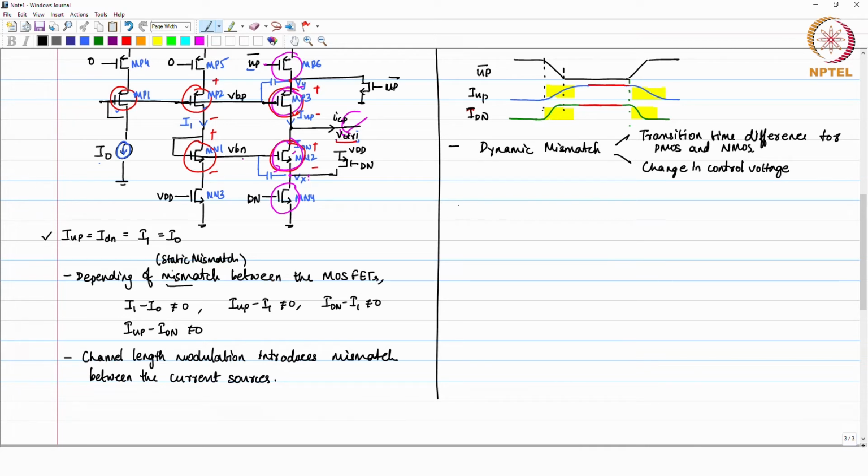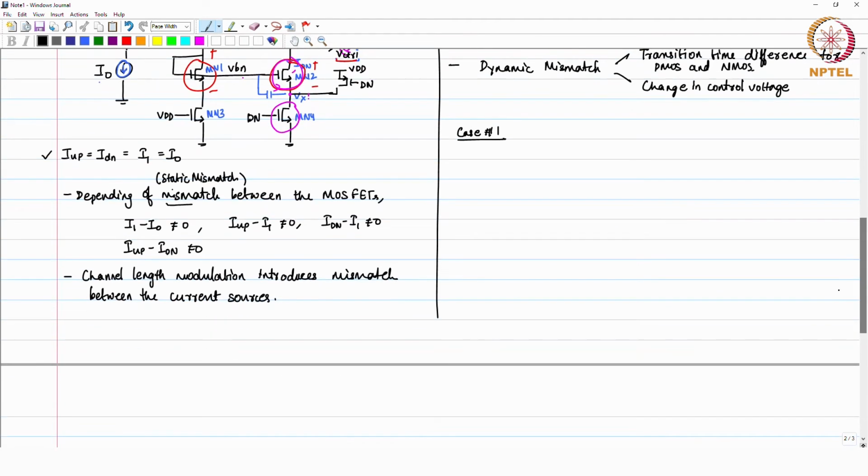So, two cases we will study here: when you have up and down current mismatch, so I up is not equal to I down, whether it is coming from your MOSFET mismatches or from the channel length modulation, this mismatch exists.